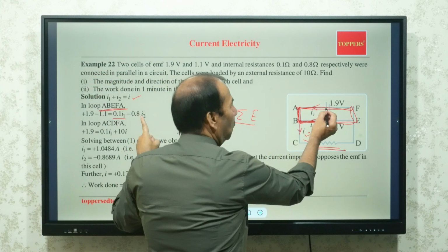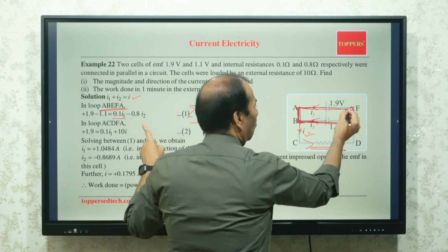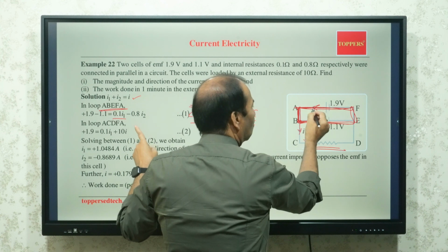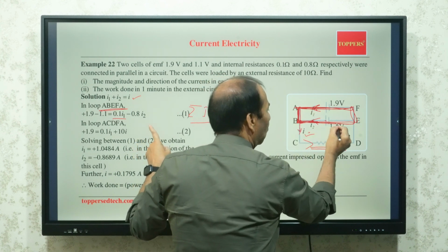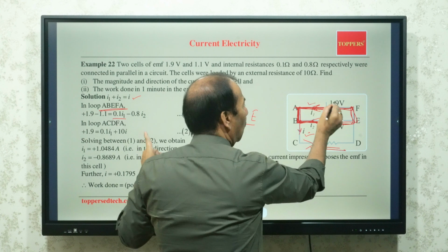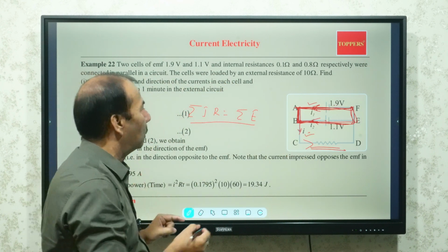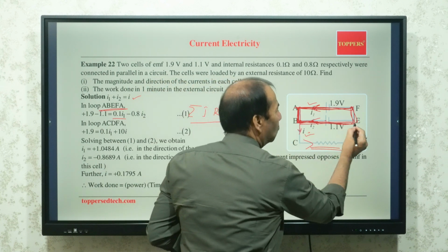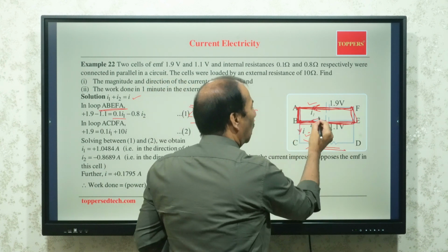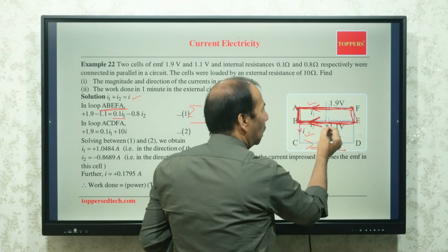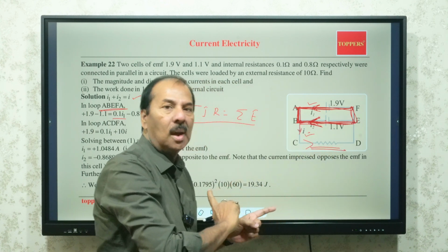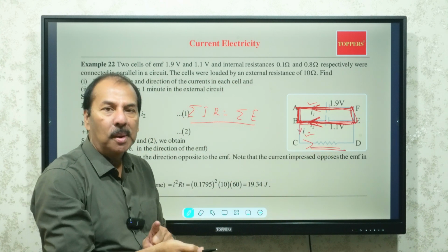We are proceeding in this direction. This current I1 has the same direction as we are moving along this loop, so that will be taken with the positive sign: 0.1 into I1. But we are moving from B to E, and this current I2 has direction from E to B. It means it is in the opposite direction of our movement.